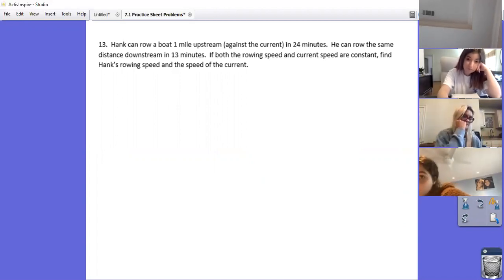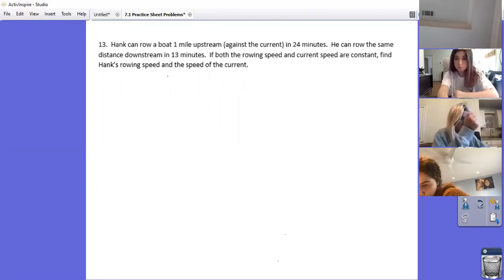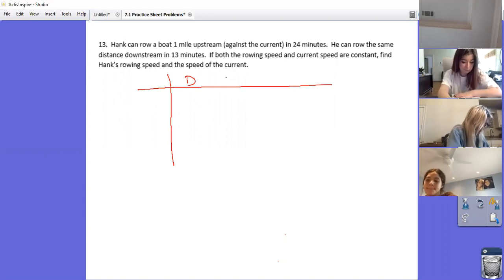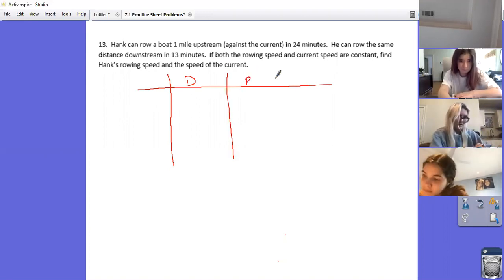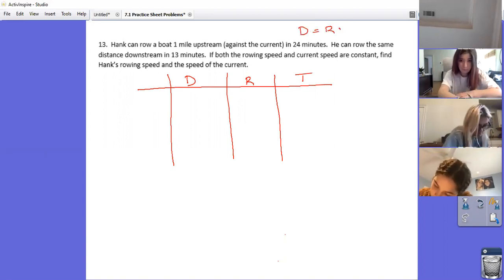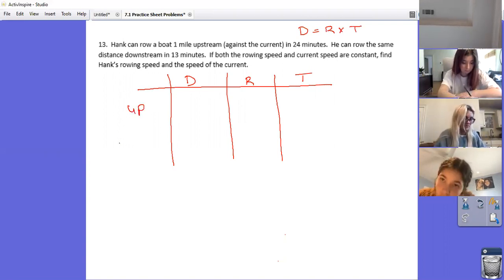So anytime you're dealing with distance, rate, and time, you always want to set up a table. So distance, rate, and time. And we know distance is equal to rate times time. So one row is going to be going upstream and the other one's going to be going downstream.